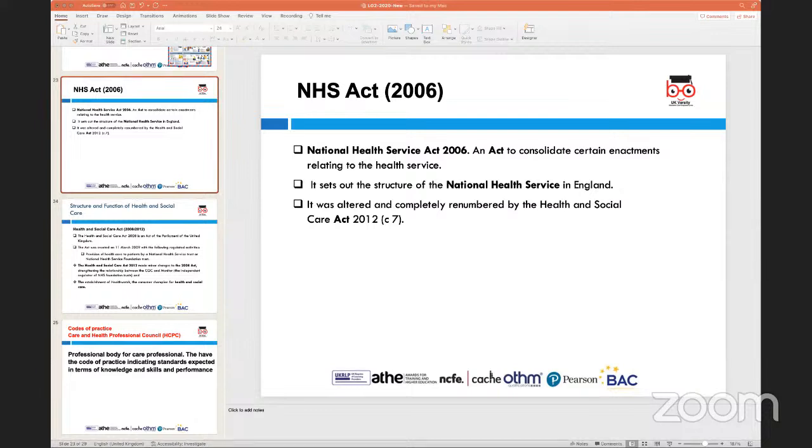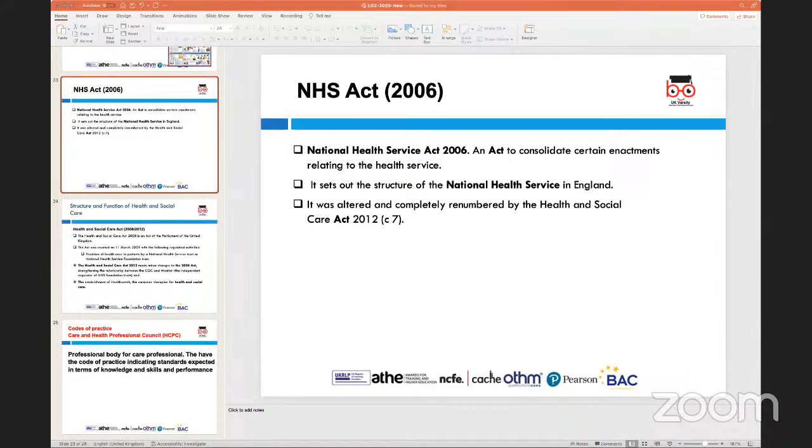It also builds up on the role of the Secretary of State for Health, the various bodies which work within the NHS, and the healthcare professionals who work within this particular sector.